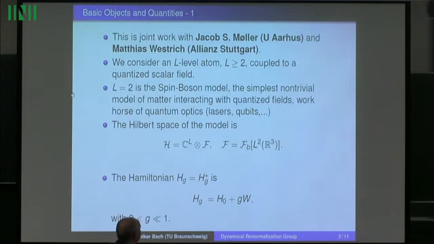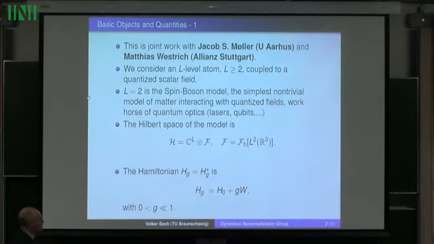So that's the C^L here, times the Fock space that carries the scalar field. So here you see F_B is the boson Fock space over a field whose one particle space is the space of square integrable functions in 3 dimensions.